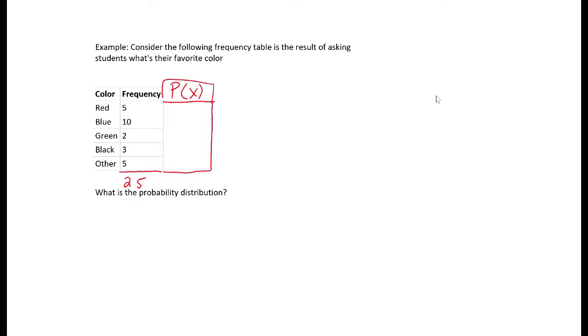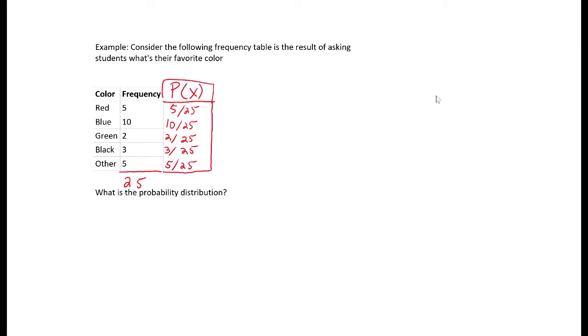Then the probability that we select a student that likes red as our favorite color is going to be 5 out of 25. A person that likes blue, 10 out of 25. As you can see, all of these are just simply relative frequencies. You take the number of people that like that color divided by the total number of people.